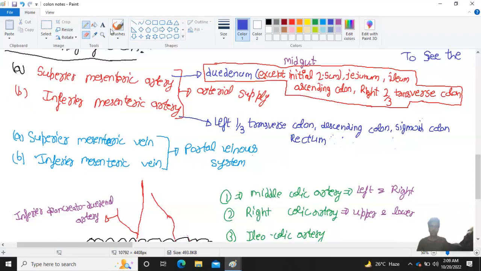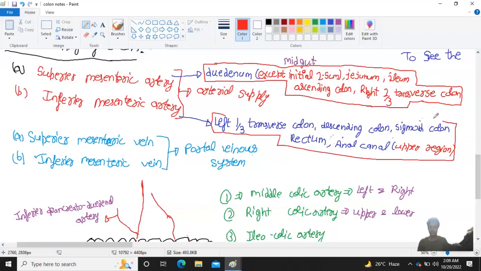This portion is called the hindgut. So this is the supply.